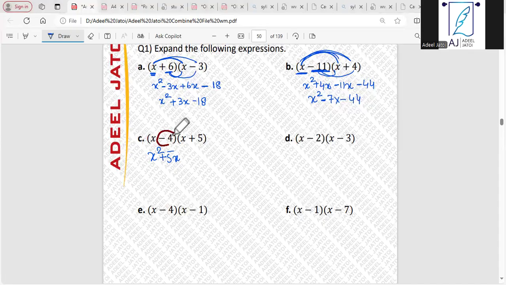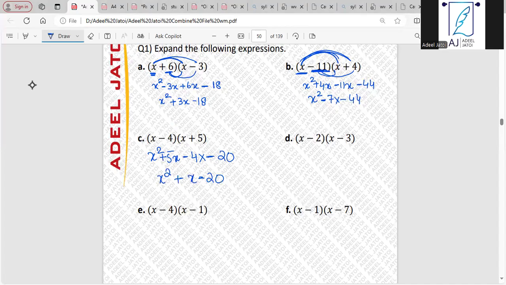Similarly, second value, minus 4x multiplied by x is minus 4x. Minus 4 multiplied by plus 5. Minus plus becomes negative. And 5 into 4 becomes 20. So if we just solve this thing down, x square 5x minus 4x will be x minus 20 will be the answer.